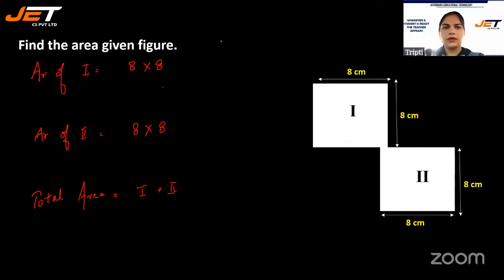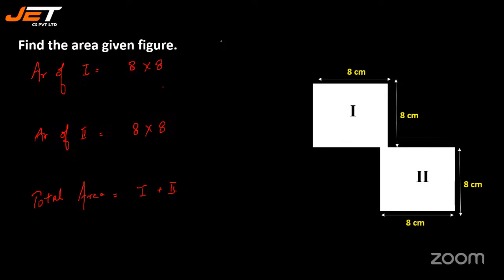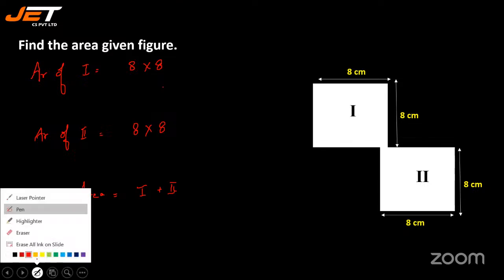Okay, so this figure is the combination of two squares. The area of the first square: the side is 8 centimeters, so 8 times 8 is 64 centimeters square. And here again, 8 times 8 is 64 centimeters square.